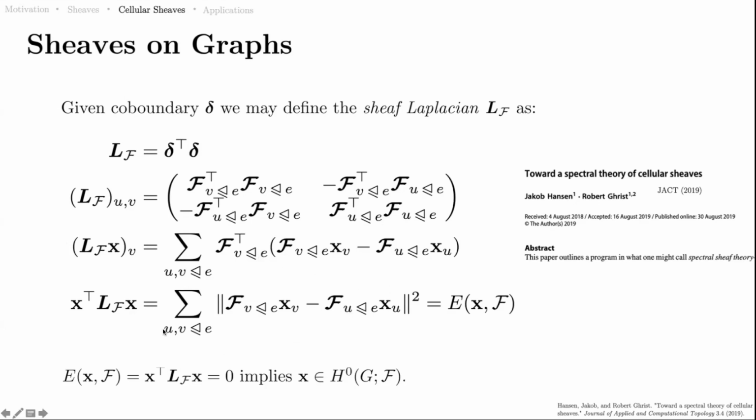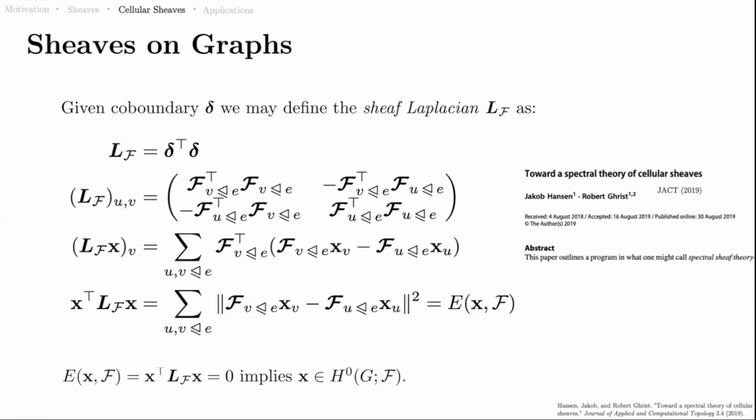And in particular, this last line, where we're taking this quadratic form of zero cochains with the sheaf Laplacian, we end up with something that looks like the Dirichlet energy from our original quadratic form over the graph Laplacian.